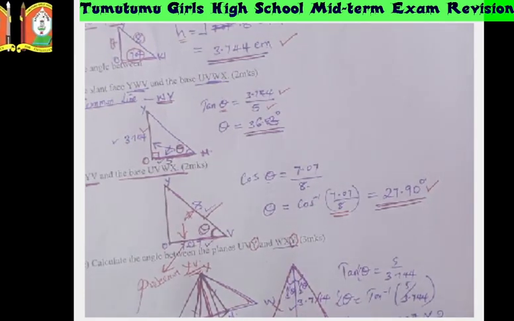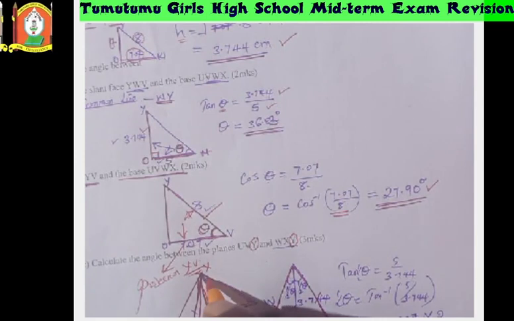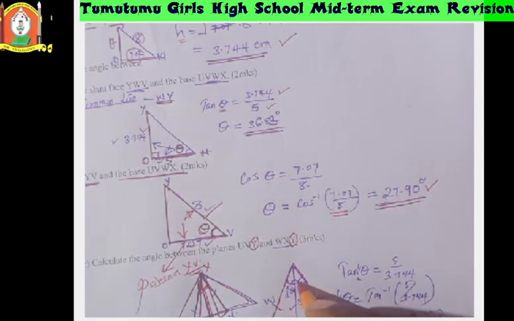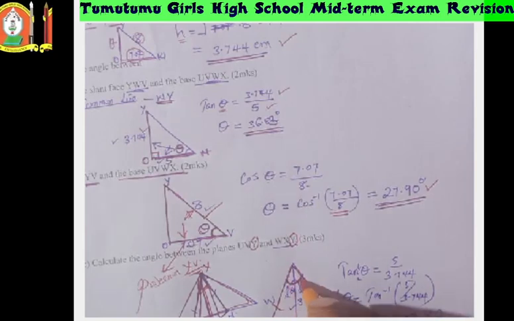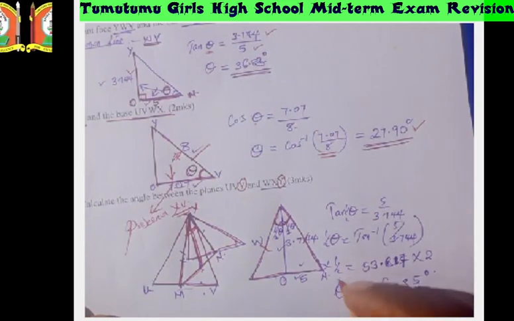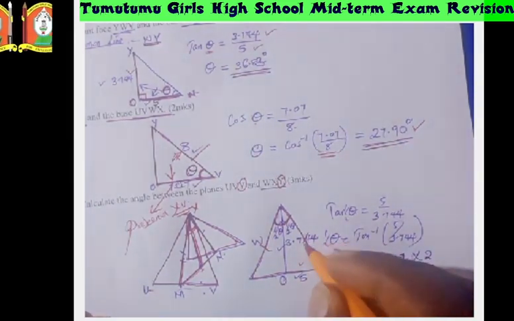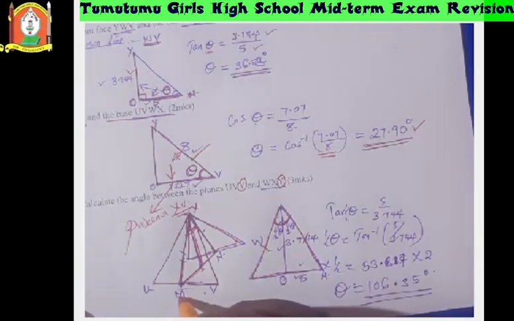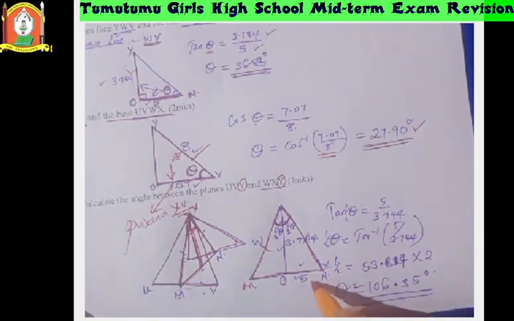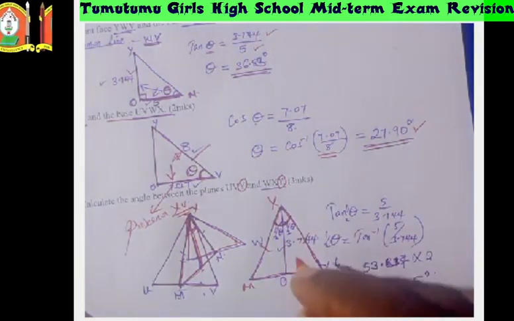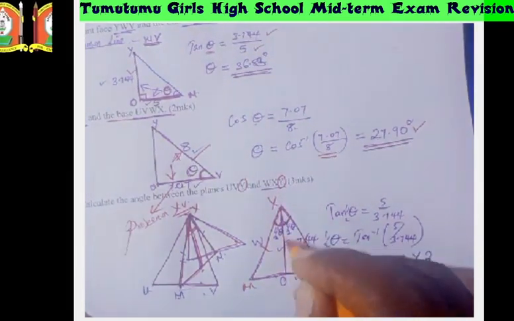We are looking for the angle. So this angle that we have there, the angle between the two lines that we have drawn, one on each plane, to M and N. So we have MN, then Y. So we divide this one.